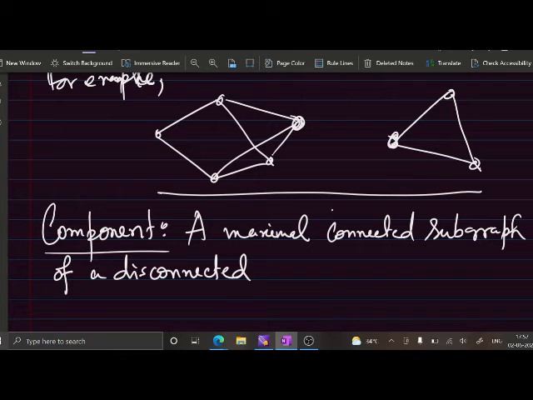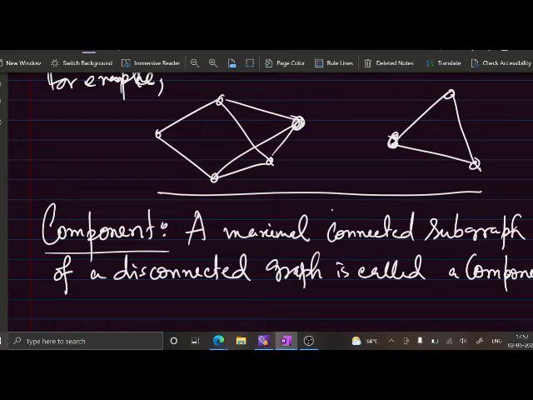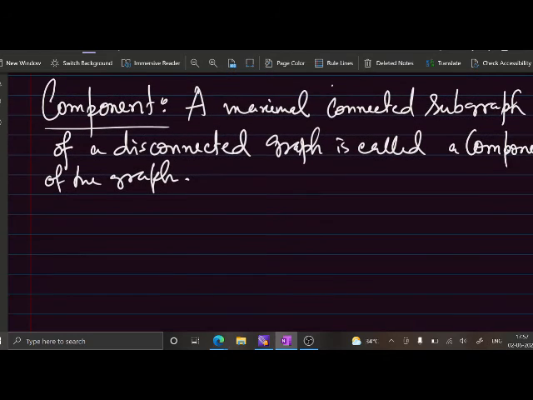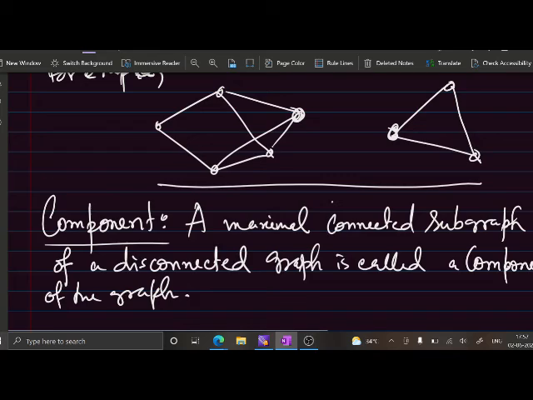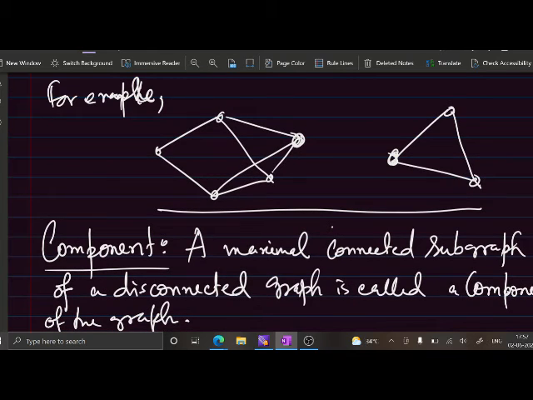So a maximal connected subgraph of a disconnected graph is called a component of the graph. So in the above, these two graphs together form a disconnected graph in which each of them is a connected component.